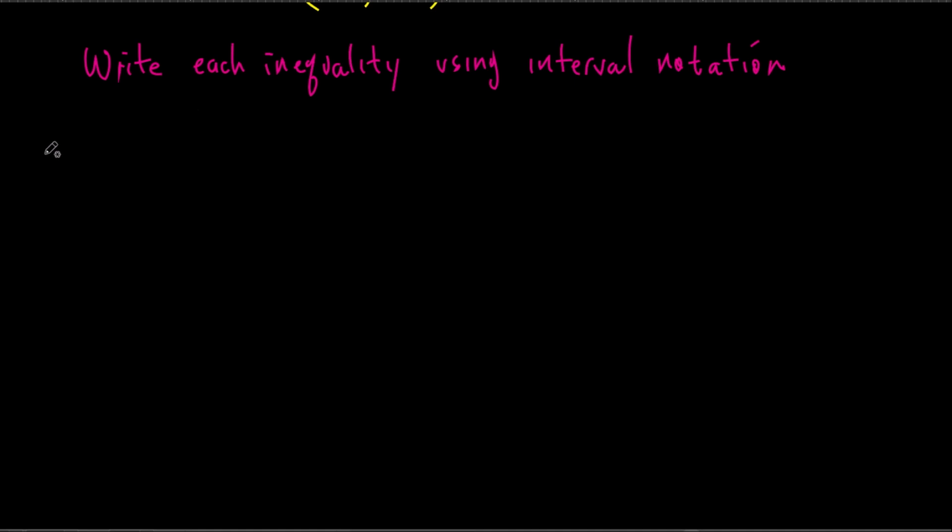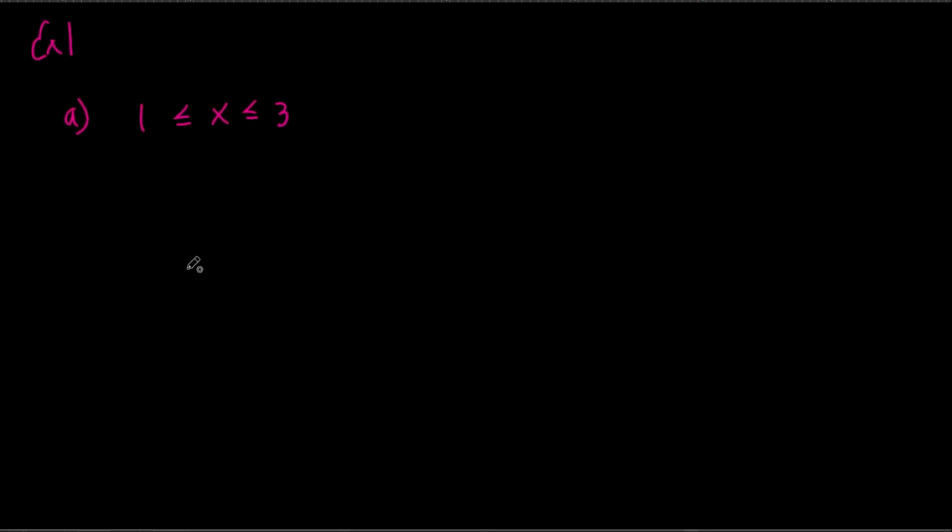So this is example 1, and this is A. So here it goes. 1 is less than or equal to x, which is less than or equal to 3. You're taking notes, aren't you? Write this down in your notes. Write this thing right here, and then write down what the interval notation is going to be. I'll do a few more, and then you can write them down and figure out what it's going to be. This is what we've been doing the whole time, just changing this to interval notation.